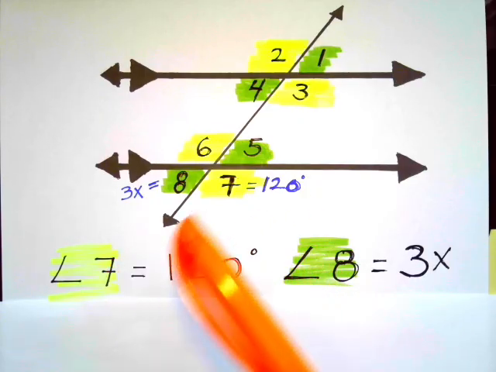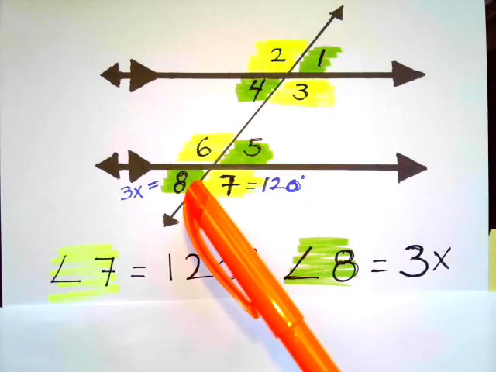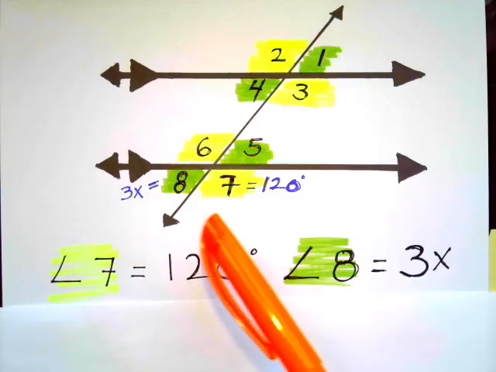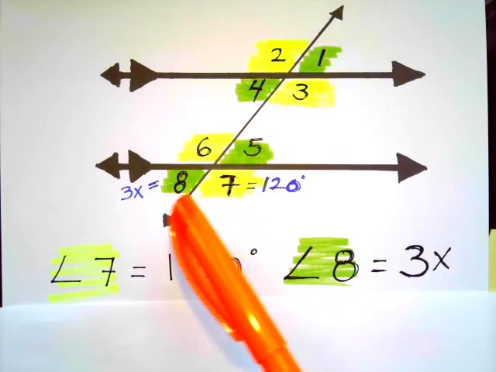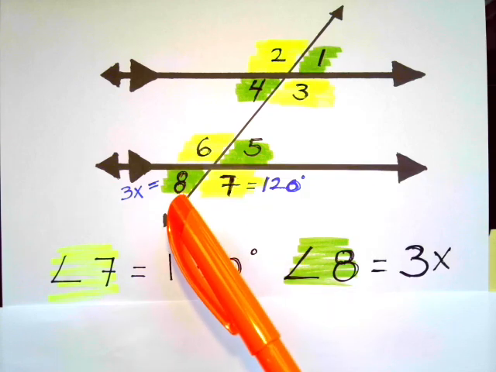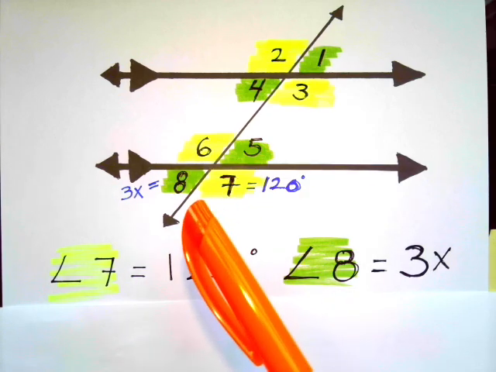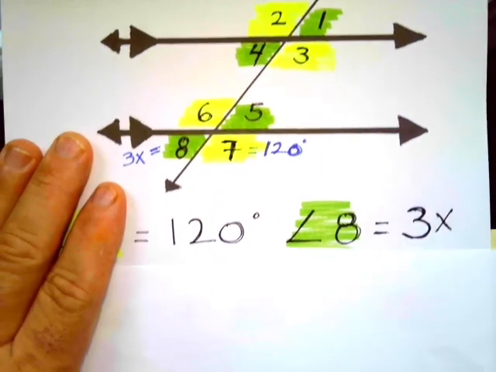Now, angle 7, which is 120 degrees, was given in the question. We have angle 8, which is equal to 3x. And we know that angle 8 and angle 7, if you add them together, any green and any yellow highlighted angle, they're supplementary angles, you get 180 degrees.